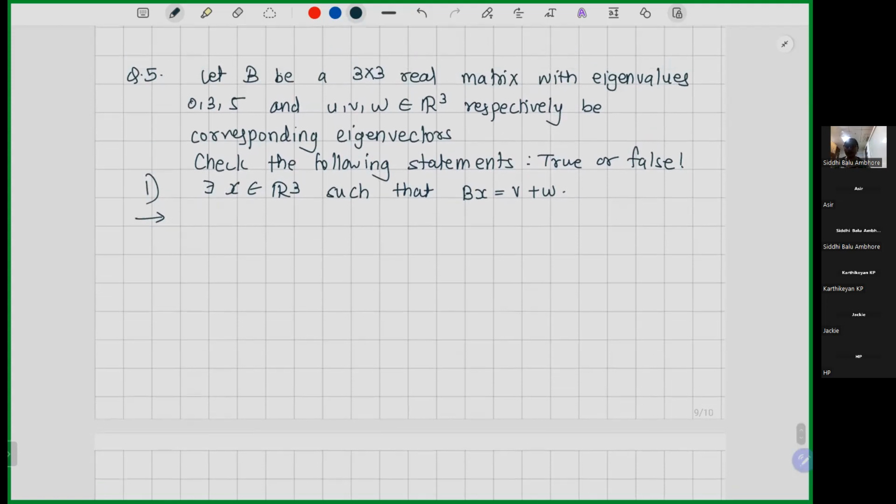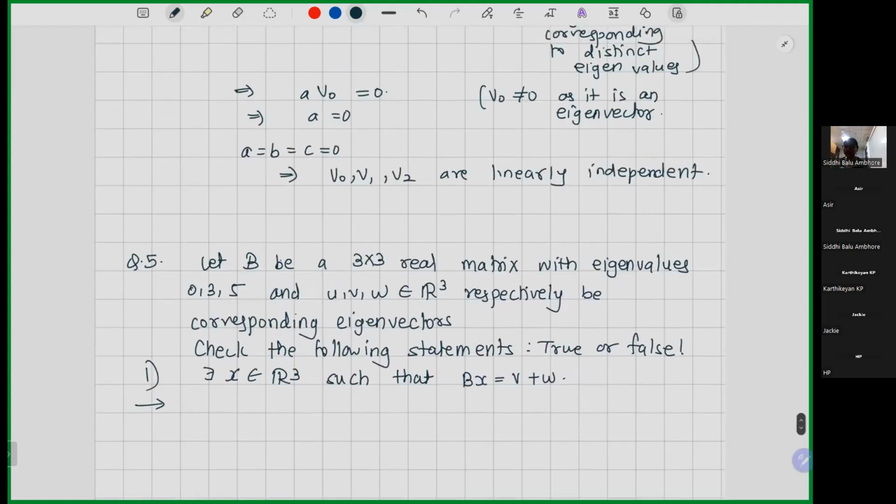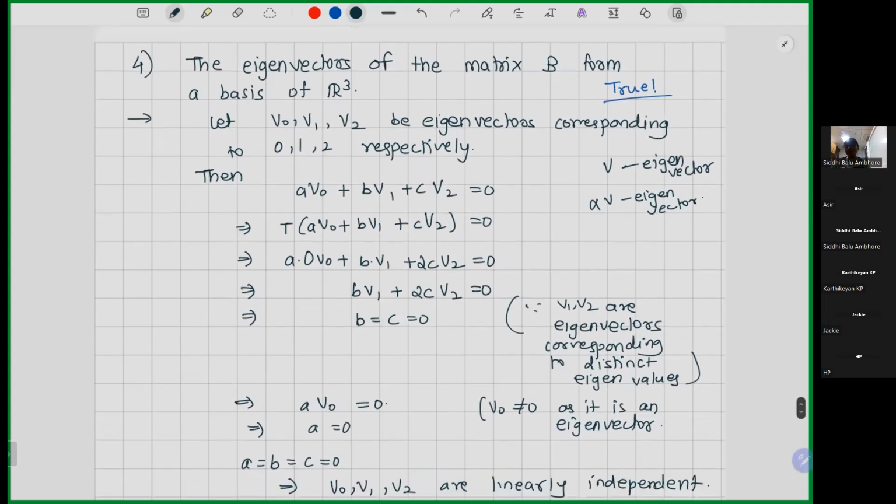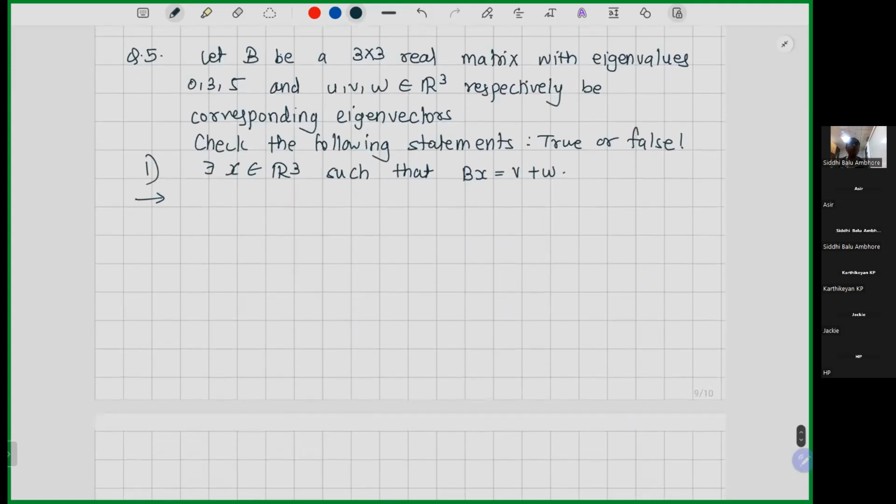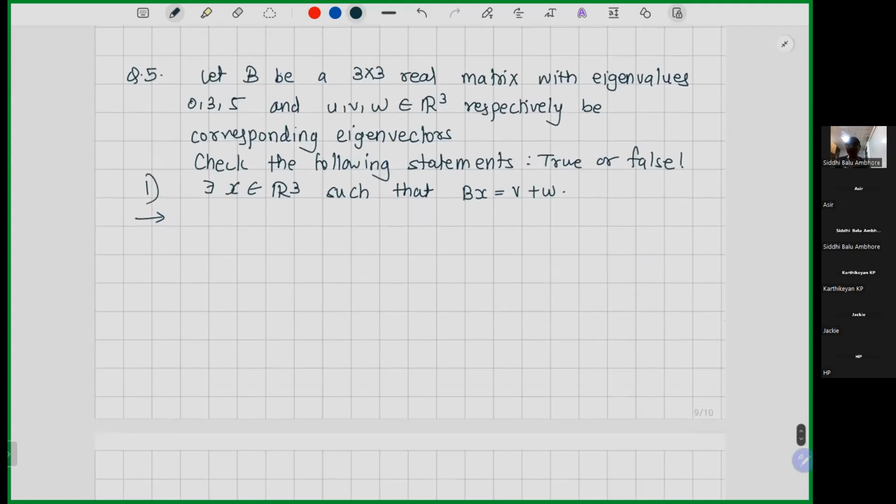If there is still doubt in the previous question, you can raise the doubt in the discussion forum and we will try to solve those doubts. Right now I'm moving ahead with this question. Here they have given the 3 cross 3 real matrix with eigenvalues 0, 3, 5, and U, V, W are the corresponding eigenvectors.